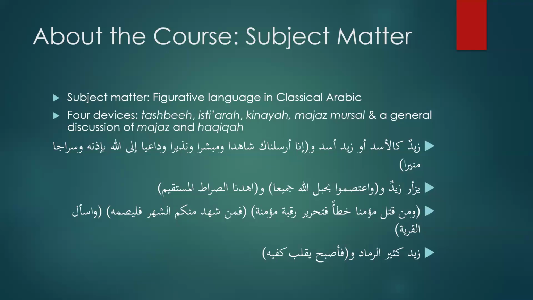Okay, so the only relationship that you can establish, really, is one of mushabaha. And there's a whole philosophical discussion behind this, and I suggest that you read more about this if you're unconvinced. Okay, so the only relationship that you can establish in figurative language is one of comparison.